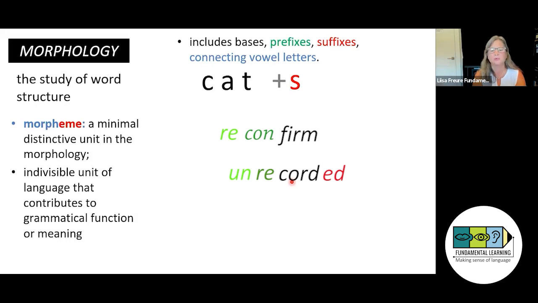If I teach them a prefix only goes to the beginning of a word, then they just start to look at it physically. They're not thinking about the structure. We always want to be pointing back to that base. So a prefix comes before a base. A suffix can come after a base, rather than being about the beginning and ending of a word.